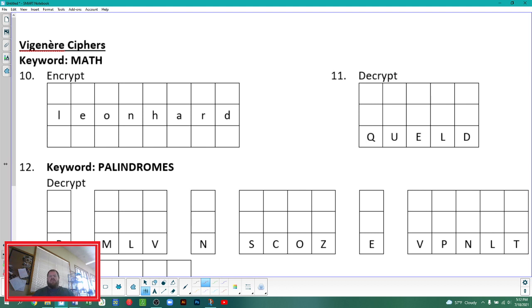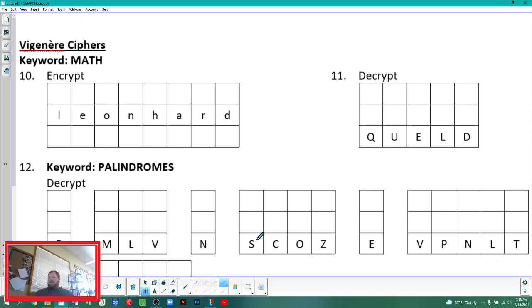Okay, the last cipher that we talked about, not last time we met, but most recently, were called Vigenere ciphers. And for this, we used that square, and I'm going to kind of shortcut that square just a little bit to help us understand how to encrypt and decrypt with that here.